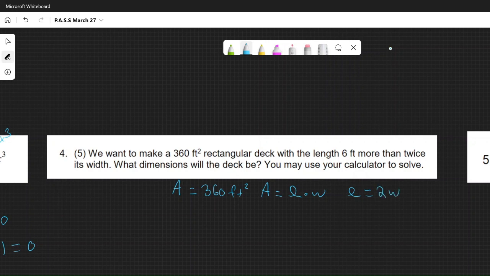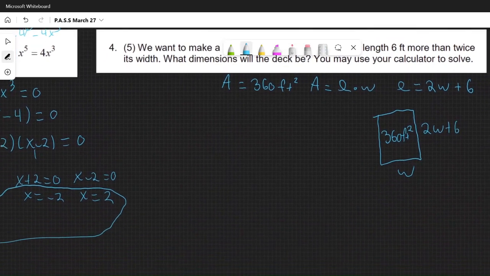So that means the length is 2 widths plus 6. And then we can draw this out. And then this equals 360 foot squared. In this case, a diagram might not be necessary, but it doesn't hurt.